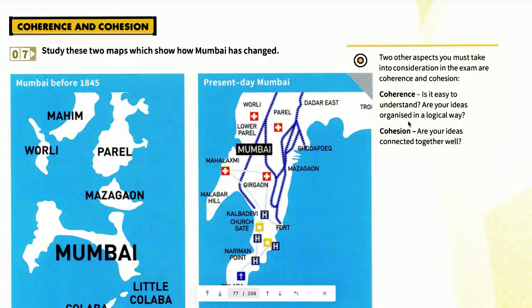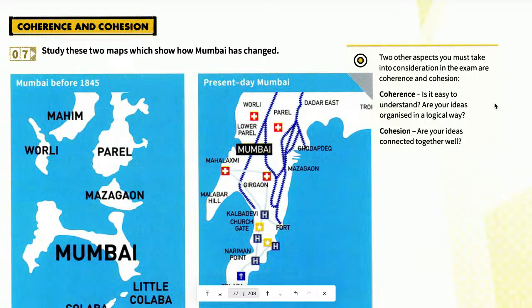Are your ideas organized in a logical way? Cohesion, are your ideas connected together? Okay, you see? The two things you need to keep in mind. Number one, coherence. Is it easy to understand? Are your ideas organized in a logical way?